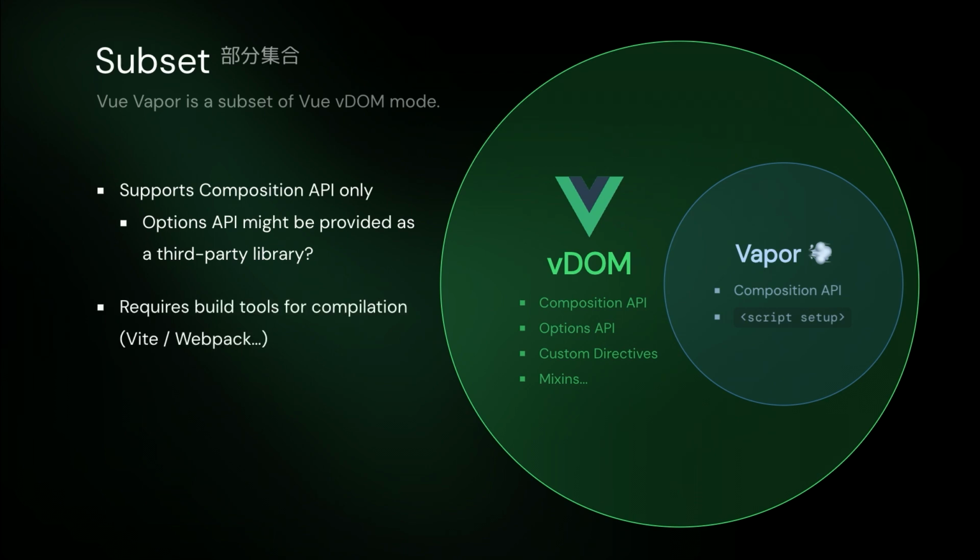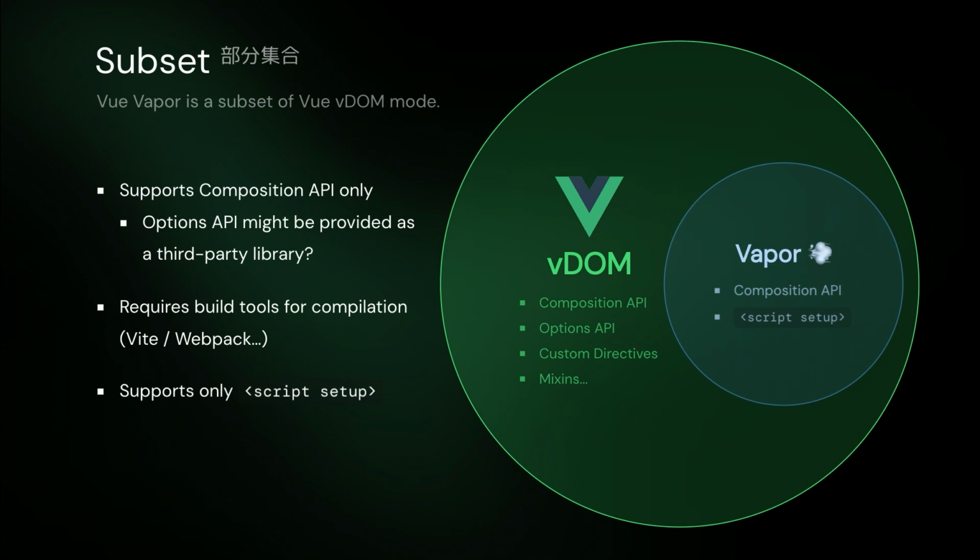And Vapor needs a build tool for compilation, so it cannot directly run in the browser with CDN imports. This is because Vapor's compiler is quite complex and relies on toolchains like Babel. Running it in the browser would slow things down and bloat the bundle size, making it even less efficient than using VDOM mode.